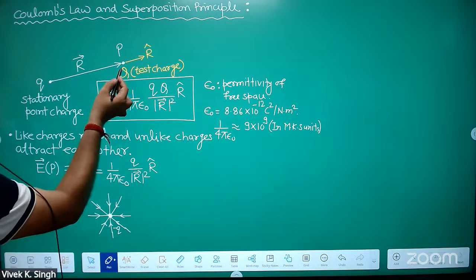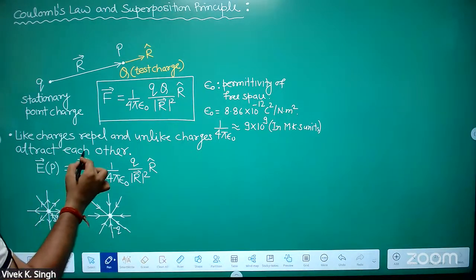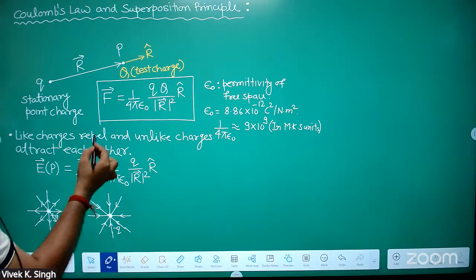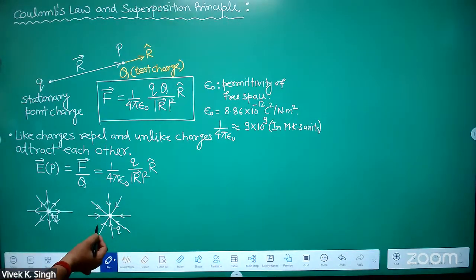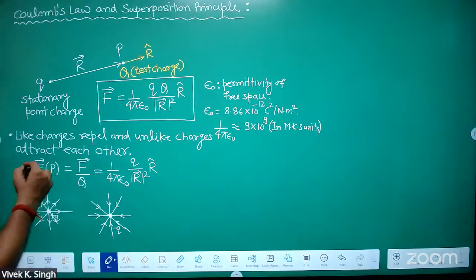If you place a positive test charge, it will move away from the plus charge, so this will be the direction of field. If you place it near the negative charge, it will move towards it. So force per unit test charge will be towards the minus Q charge, and that will be the direction of electric field for a negative charge. Is it clear?